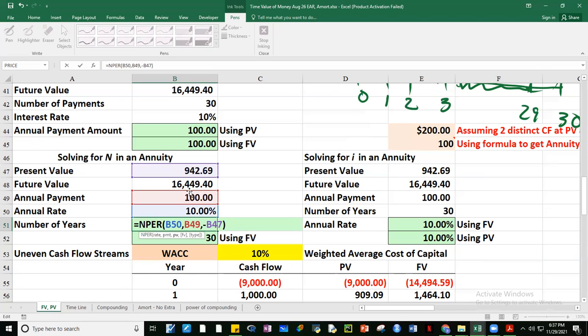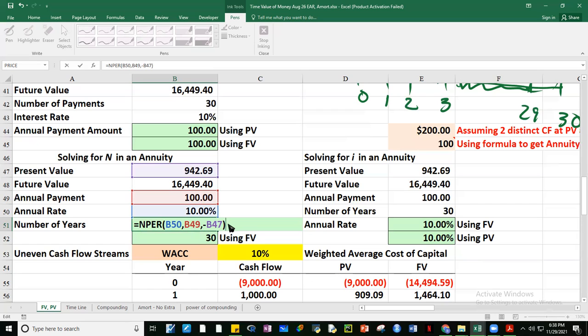Present value is negative 942.69. Ibig sabihin, maglalabas tayo ng pera at the onset initially. Maglalabas tayo ng 942.69. Tapos, at the end of the first period, makakatanggap tayo ng 100. Second period, 100, 100, 100, 100 for the next 30 years.